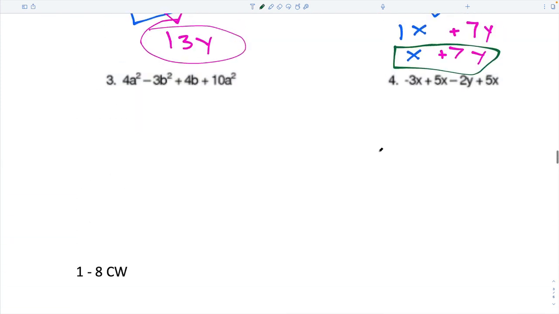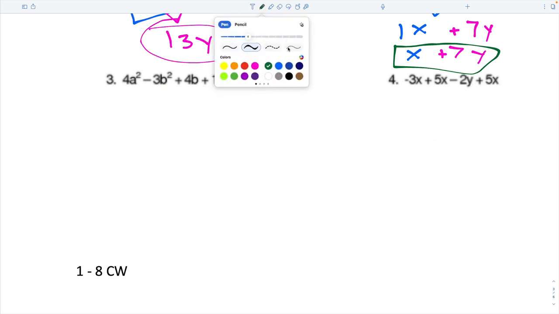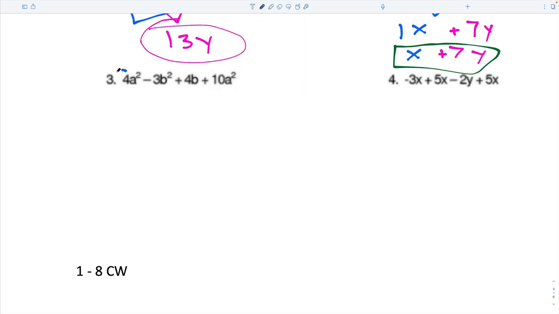2 more. 4a squared. I'm searching for any other a squareds. What do you notice about this one, Avery? I noticed that you only can simplify the 4a power 2 and then the 10a power 2, but you can't simplify the 3b power 2.